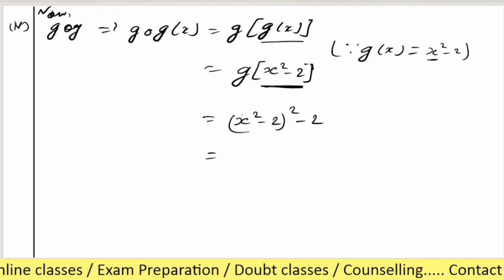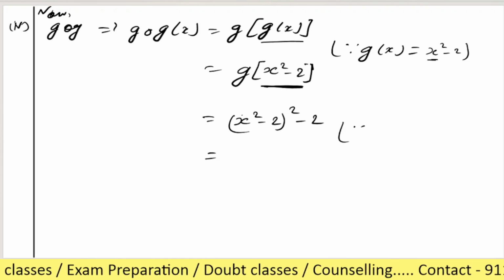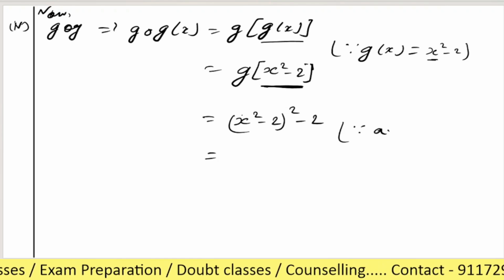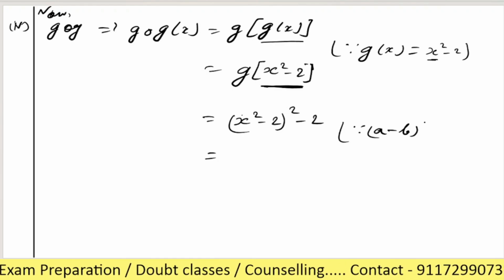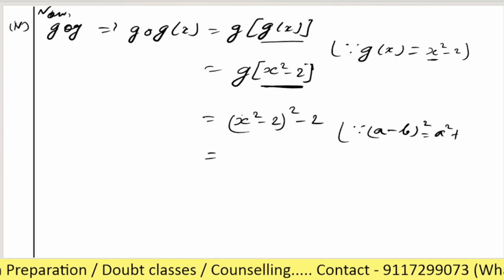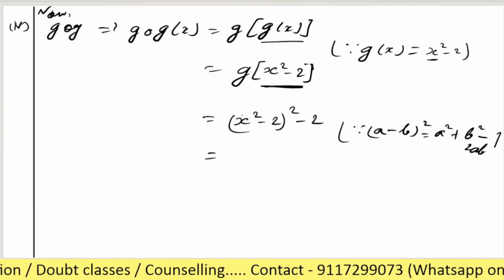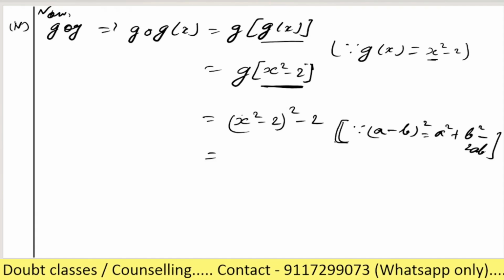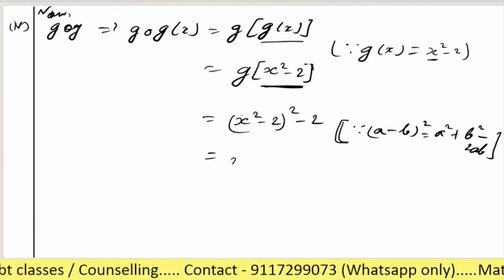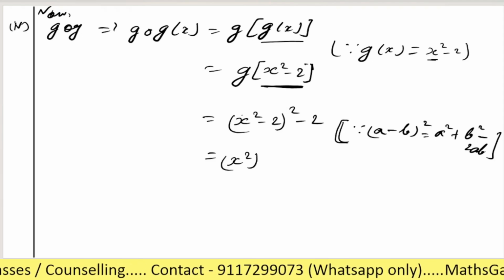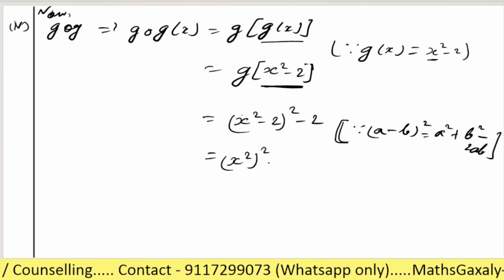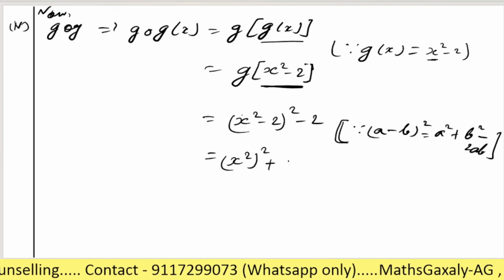Okay, so here we will apply the formula of, which formula? A minus b whole square, है ना? So it will be a square plus b square minus 2ab, right? 2ab. है ना? This is the formula. Okay, so here it will be x to the power 4, x square to whole square, minus... I am doing 1 by 1, है ना?